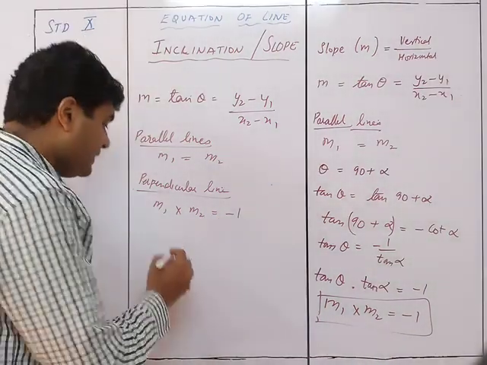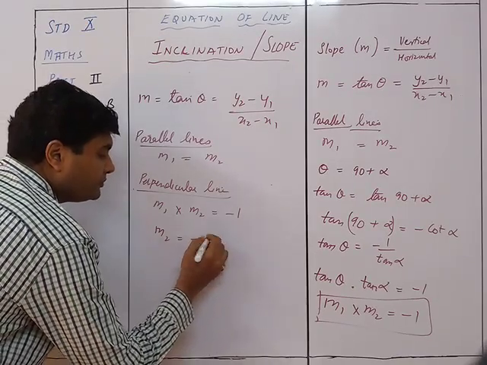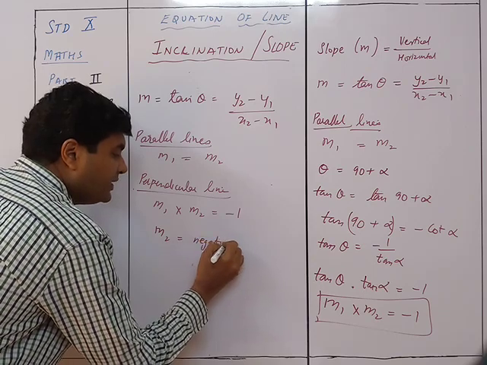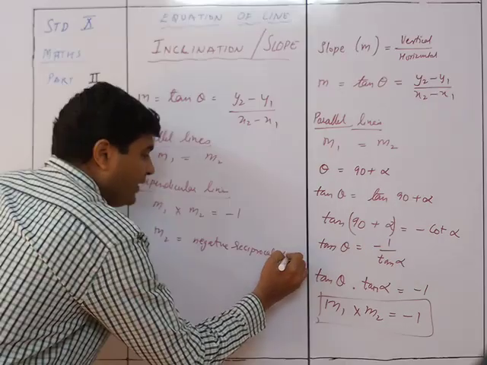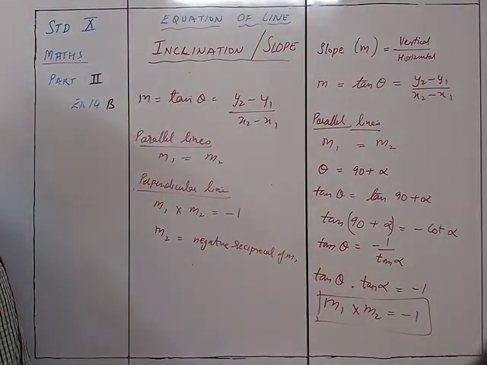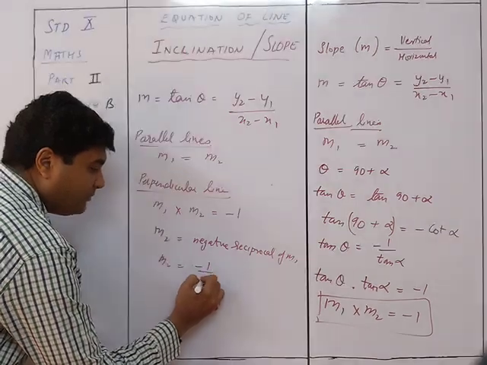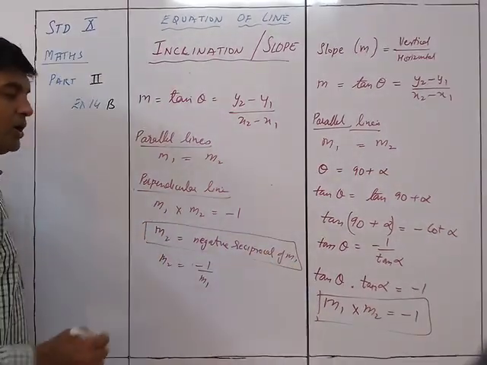Or we can say that m2 is equal to the negative reciprocal of m1. Why? It is m2 is equal to minus 1 upon m1. So that is why m2 is the negative reciprocal of m1.